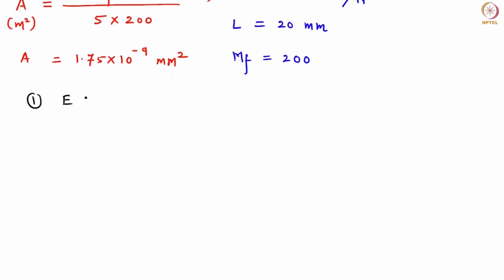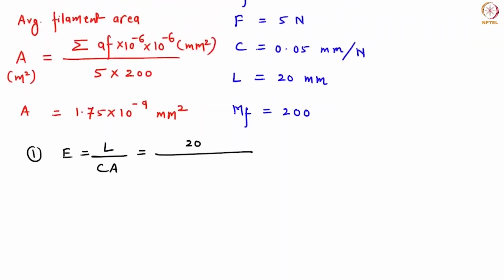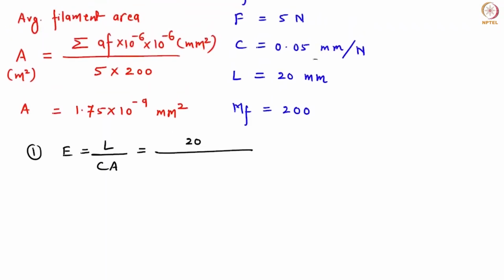Let's first calculate the Young's modulus. The formula is L, the gauge length, divided by the true compliance into the area that we have calculated here. L, you remember, is 20. It is in millimeter, and in the formula we need it in millimeter. The true compliance is given in millimeter per Newton, which is the correct unit that we use in this formula.